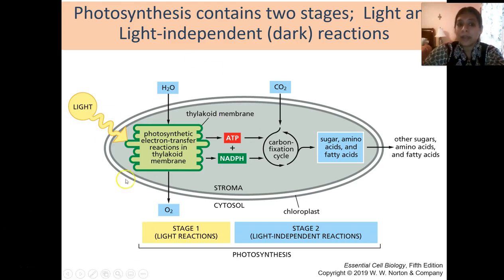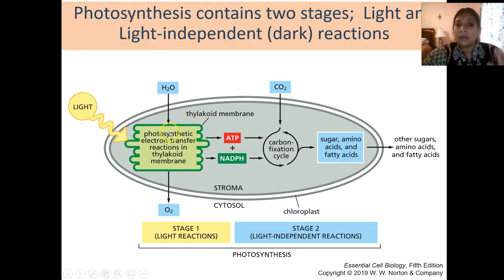The light reactions, just like the name implies, require energy stored in these thylakoids from the light, which is then used to create the macromolecules needed in the form of glucose and to release oxygen into the atmosphere as a byproduct. So that particular portion is the light reactions or light dependent reactions.